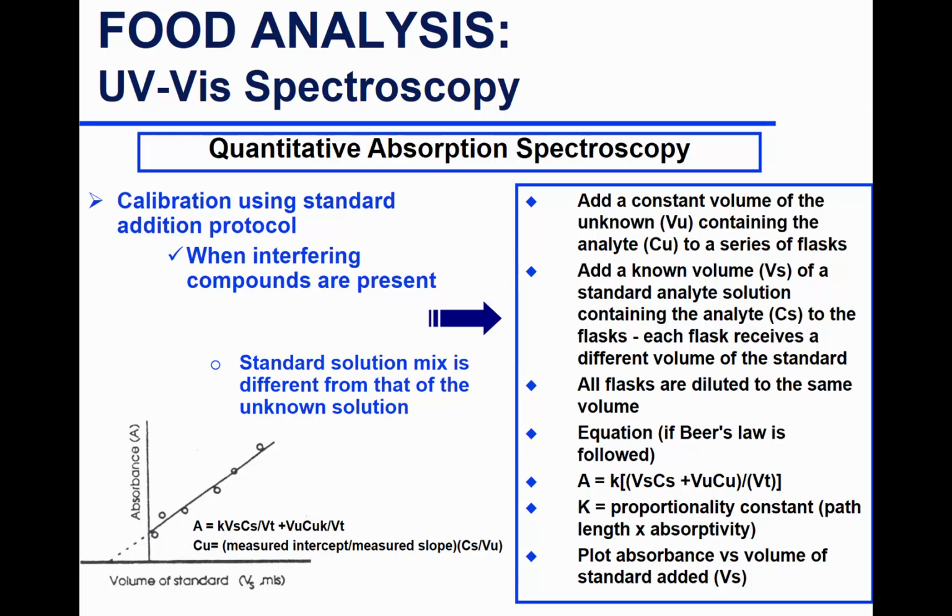And then you have the volume of the standard, the volume of the unknown, and the concentration of the standard. What you will solve for is the concentration of the unknown. And this is how you get your concentration. So it's a little bit more complex, but the idea is to have the same matrix in your standard as in your sample, to account for any interference from the matrix of the sample.